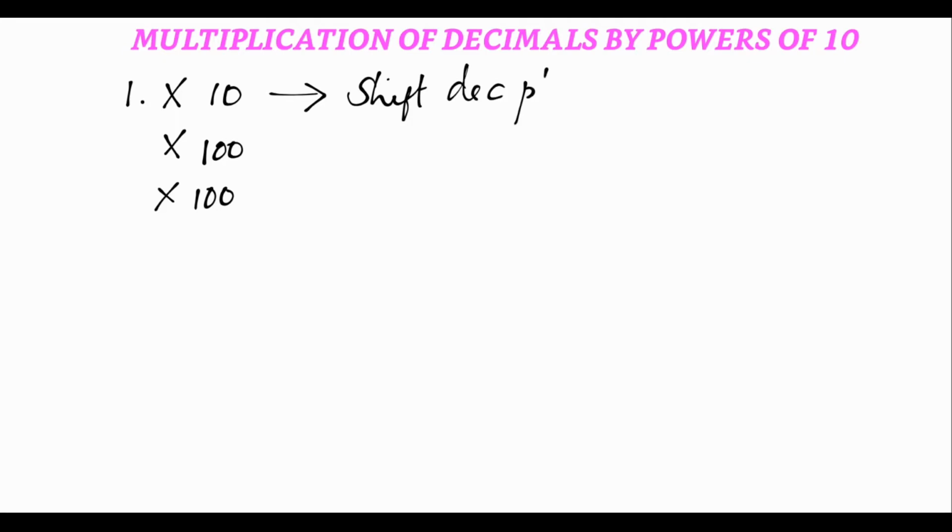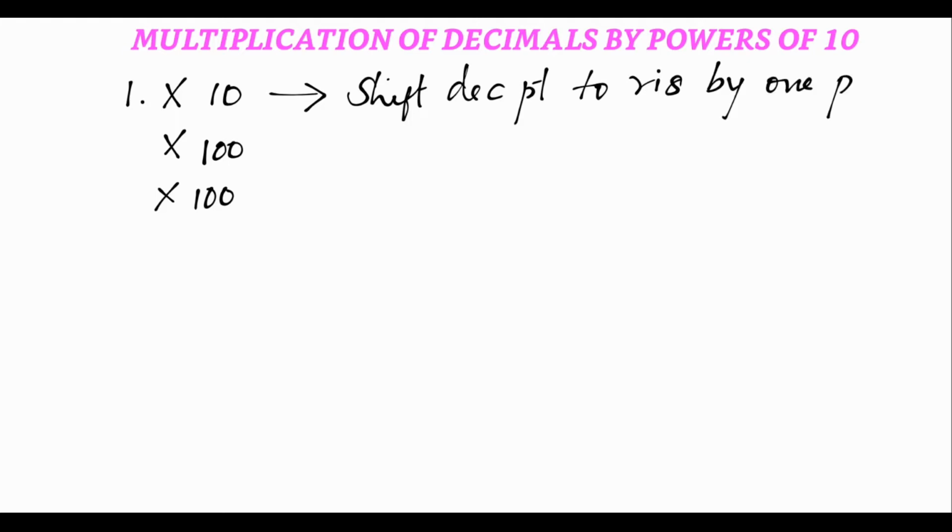Next is multiplication of decimals by powers of 10. In order to multiply by powers of 10, the first step is we can take 10 first, okay, and then 100 and then 1000. So by multiplying it with 10, what you have to do is shift the decimal point to the right by one place.